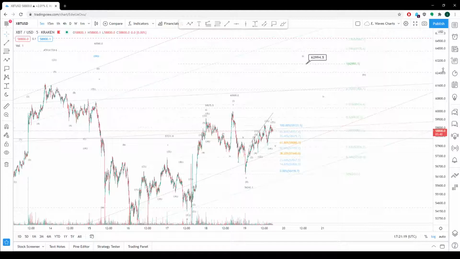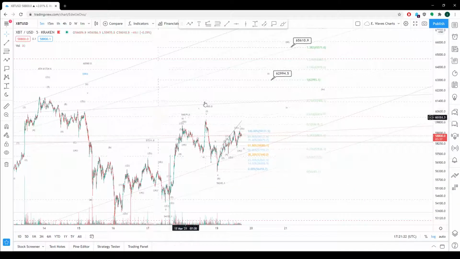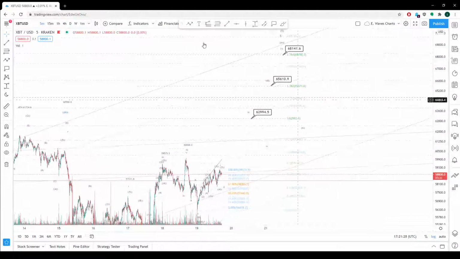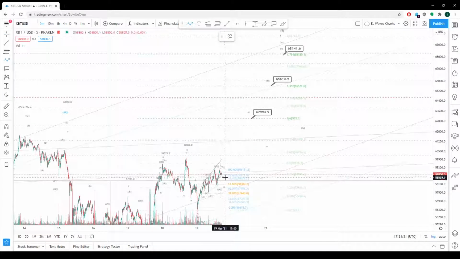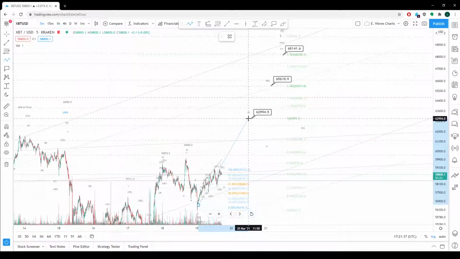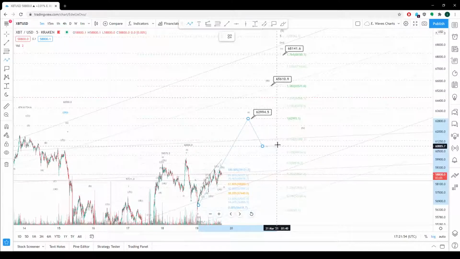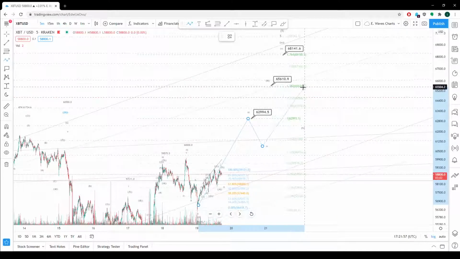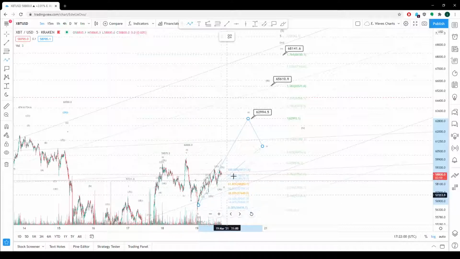Okay, using the Fibonacci extensions of this wave 1 and 2 in green, I have a possible target for this 1, 2 for wave 3. I'm thinking we could see around 63,000, and then a retracement somewhere between 61 and 60,000. So let's say 60,800, and then the bigger wave 3, because this is going to be 1, 2, 3, 4.